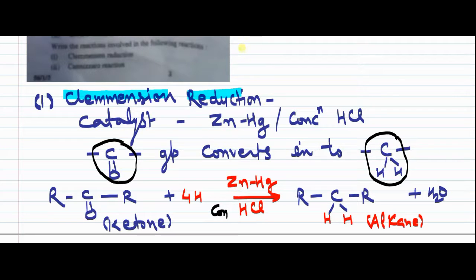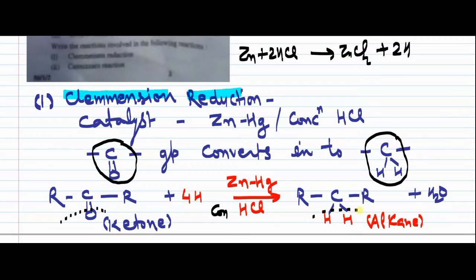Zinc plus 2HCl releases ZnCl2 plus 2H, atomic hydrogen, very reactive hydrogen. The CO group converts to CH2 group, alkane as a result.